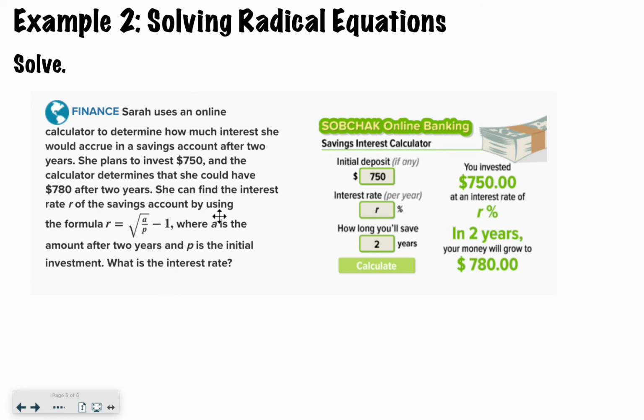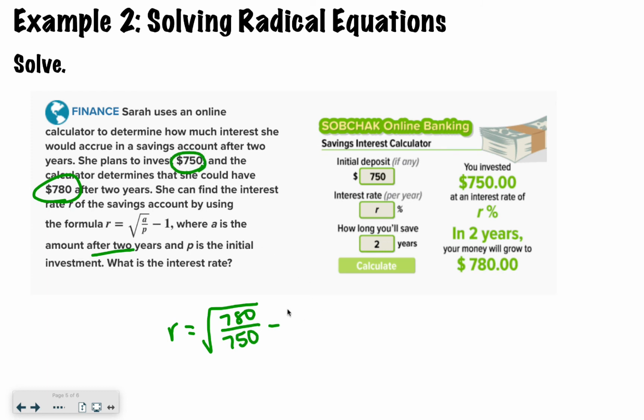The way that we're going to solve this one is we are going to say R equals the square root of, we're told A is the amount she has after 2 years. So that was 780 divided by P, which is the amount she originally invested, which was $750.